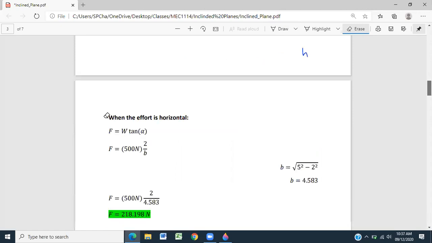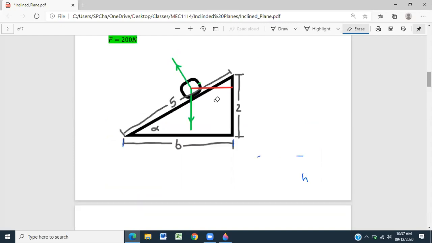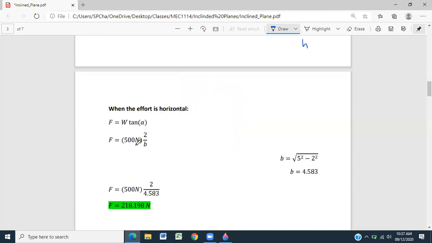When the effort is horizontal, we put a formula down. We substitute tan alpha for 2 over the base. And in this question, they didn't give us the length of the base, but using Pythagoras' theorem, since this is a right angle, we can find out what B is very easily. We put a formula down, we replace the weight with 500 newtons, which was given to us in the question. And then we know our height 2, but we don't know our base.